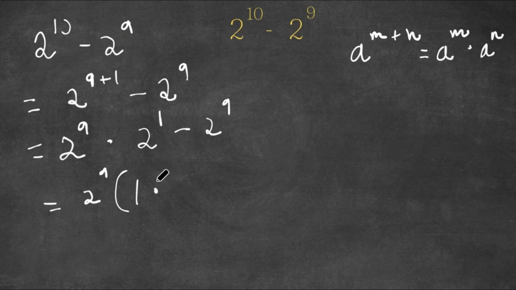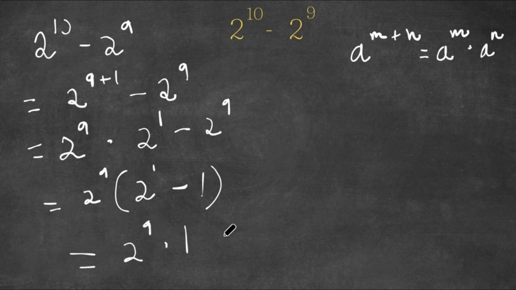And then I have 2 to the power of 9 times 2 to the power of 1 divided by 2 to the power of 9 is simply just 2 to the power of 1 minus 2 to the power of 9 divided by 2 to the power of 9 is 1. And now this is equal to 2 to the power of 1 minus 1 is simply 1. So I have 2 to the power of 9 times 1, which is equal to, anything times 1 is itself, so 2 to the power of 9.